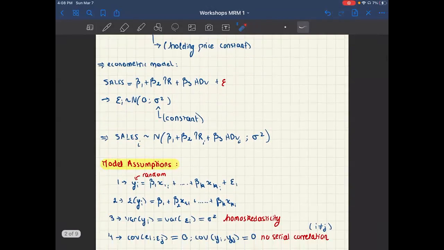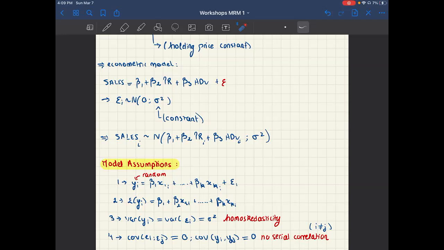The way we do this is by saying that sales is equal to beta 1 plus beta 2 price plus beta 3 advertising plus the error term. The error term essentially captures all the different factors that affect sales that are not represented by price or advertising. One example is total factor productivity, things such as good weather, or for that matter, the COVID crisis.